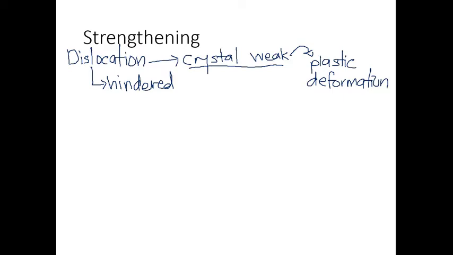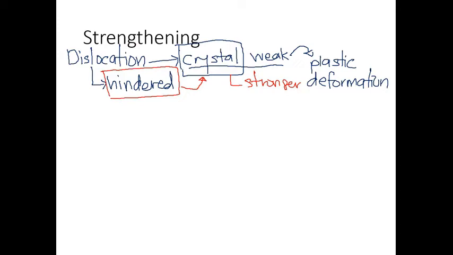The crystal will tend to have the properties of a stronger crystal. So when we say the dislocation is being hindered, it means that the crystals will have this strengthening effect or strengthening mechanism.